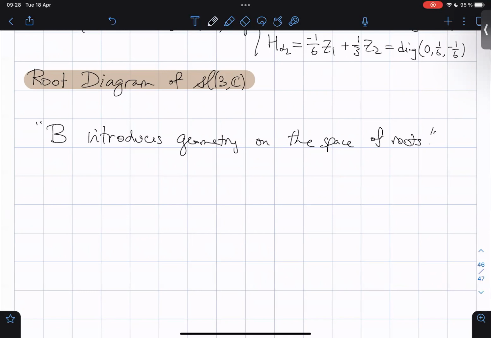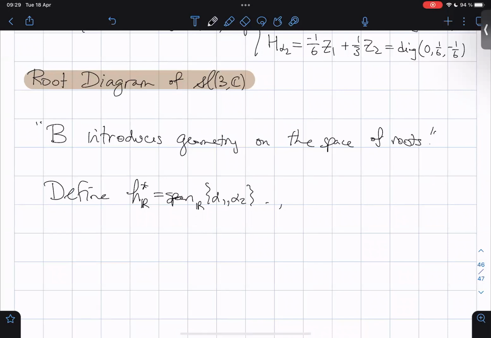But remember, all the action is in alpha 1 and alpha 2, these roots, so alpha 1 plus alpha 2 and their negatives. We don't really need all of that complex vector space. We could just work inside a certain real slice, namely the real span of alpha 1 and alpha 2. This is a real two-dimensional vector space.